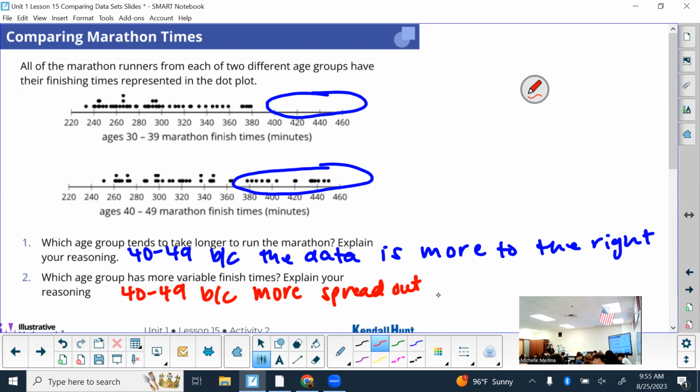If we don't know what variability describes, I don't know what to tell you. So many questions on just that. Which one is more variable? The one that's more spread out. 40 through 49 starts at about 250 and ends at about 450. You can do the math, but also visually you could see. The other one starts at about 230 and finishes by 380. Way less spread out. Questions on it?